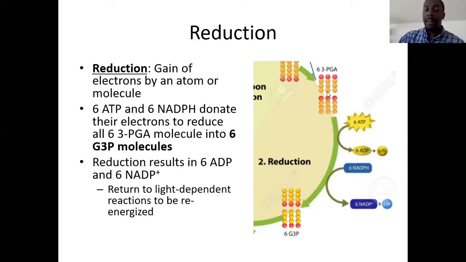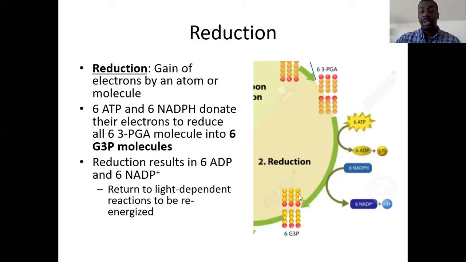Each of these 3-PGA molecules is going to interact with 1 ATP and 1 NADPH. The ATP and NADPH are going to donate electrons to the 3-PGA, and that is going to help form a G3P molecule.